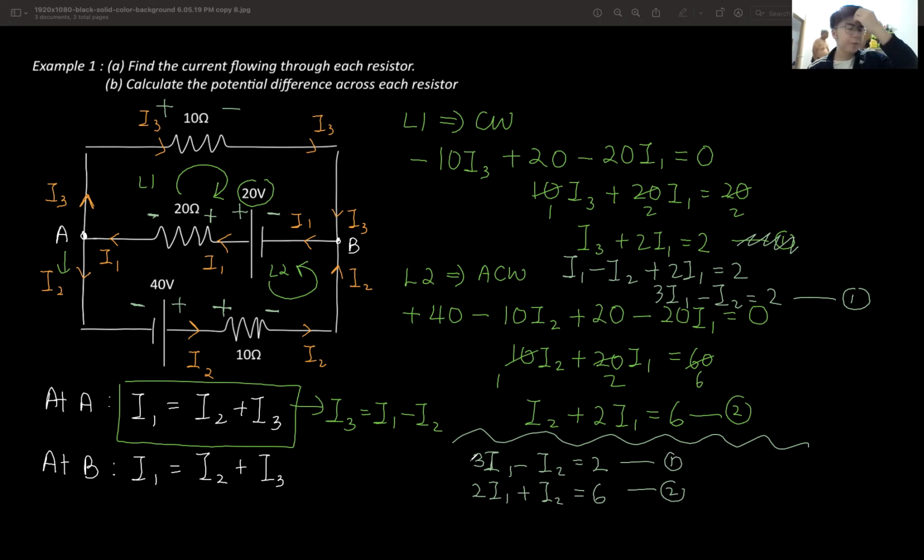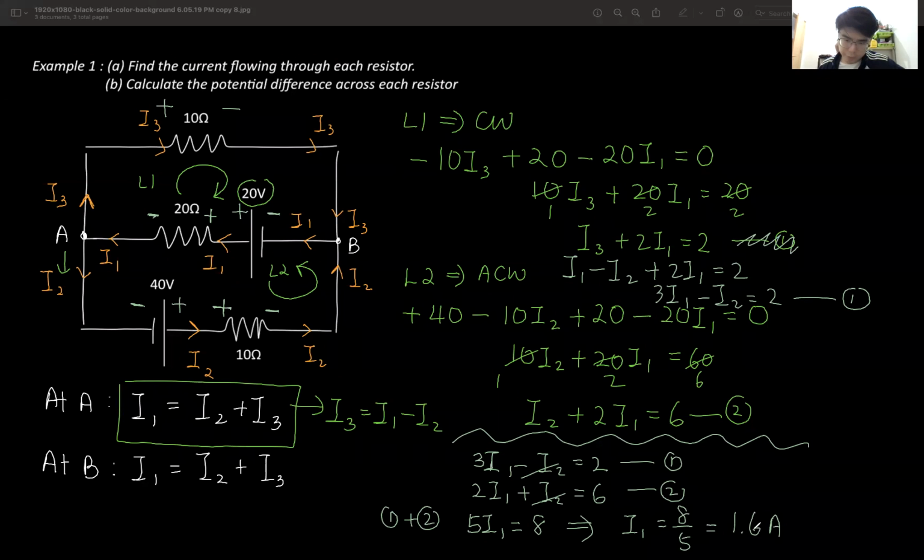Then I solve it. Eliminate the I2. So equation 1 plus 2. We have 5 I1 equals to, this one cancels, 8. So this has become I1 equals to 8 over 5, 1.6 ampere.